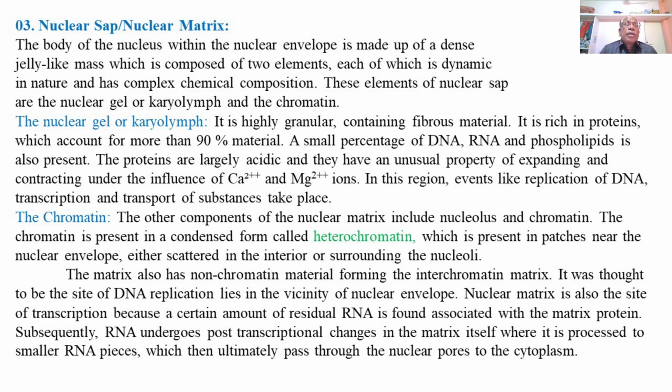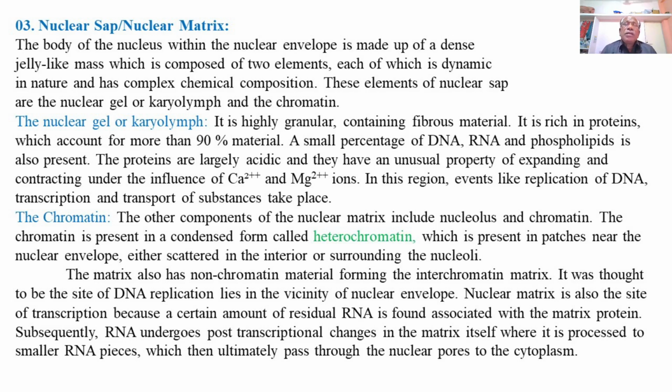The proteins are largely acidic and can expand and contract under the influence of calcium and magnesium ions. In this region, events like replication of DNA, transcription, and transport of substances take place.